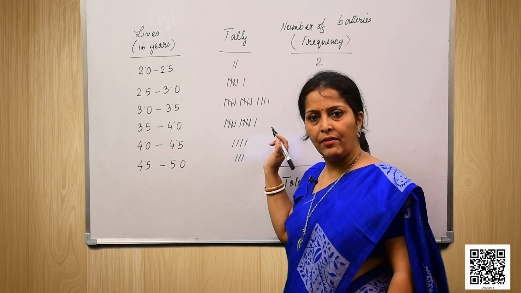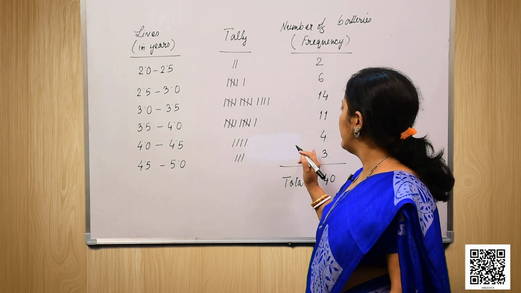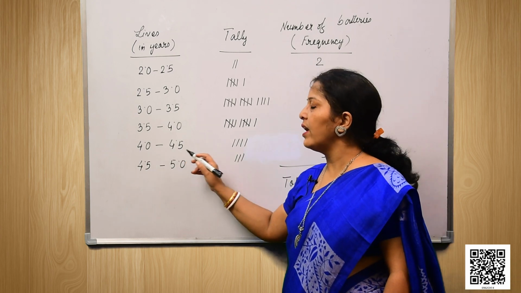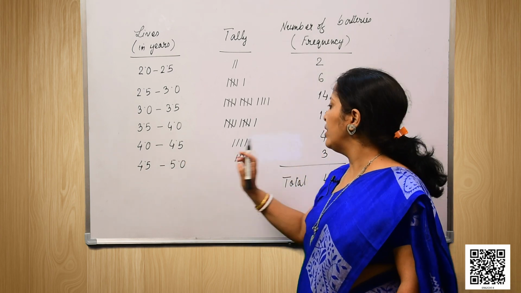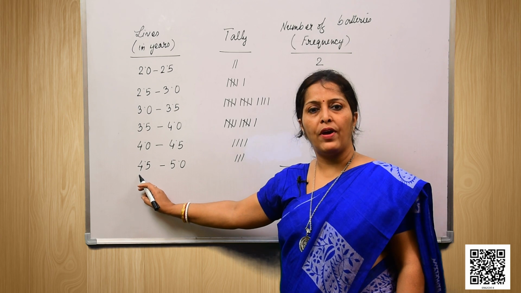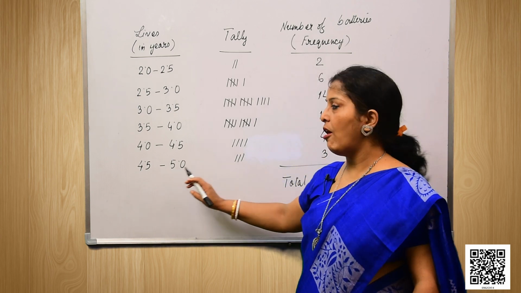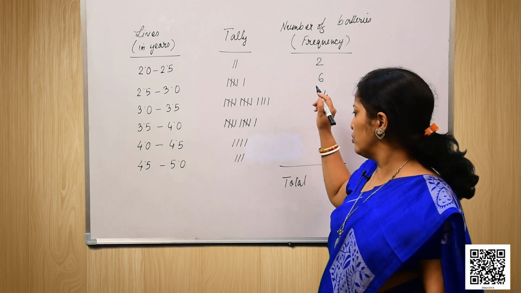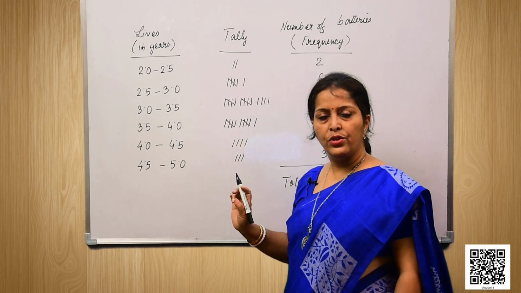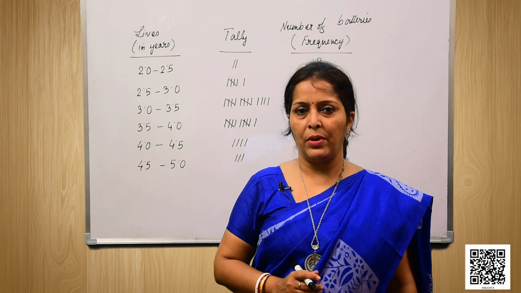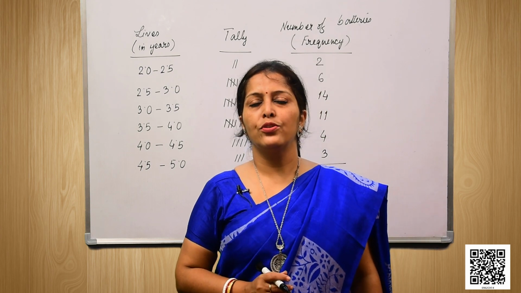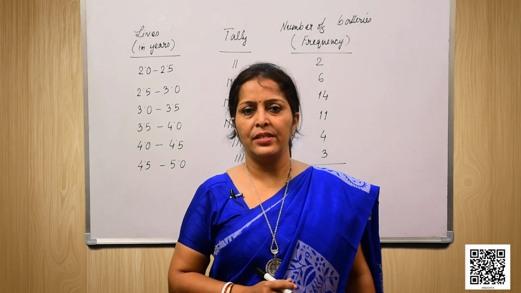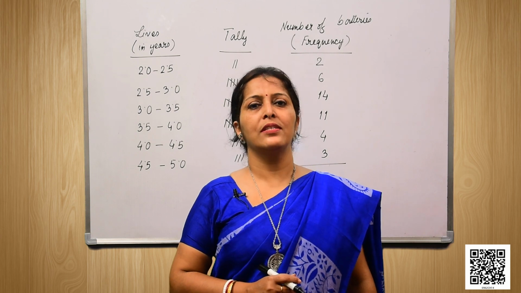So frequency is 11. Then in the next one, that is 4.0 to 4.5, our frequency is 4, and in the last one 4.5 to 5.0, our frequency is 3. Here also we check that the total is 40. So this is the solution of question number 9, which says to construct a grouped frequency distribution table. I hope this is clear to you.